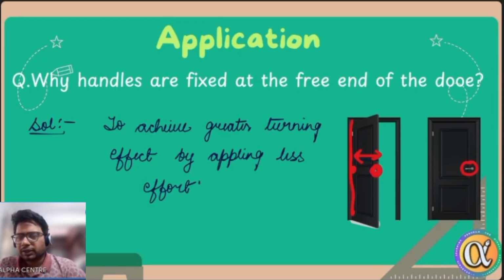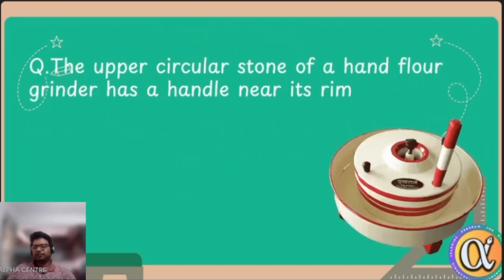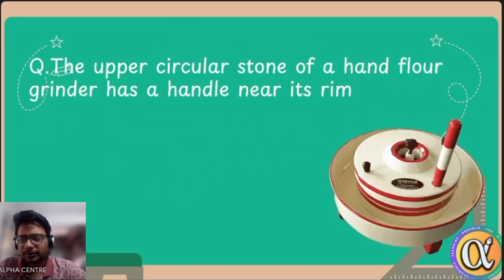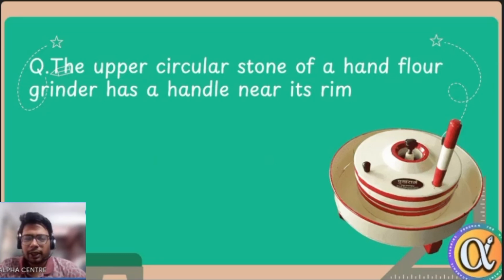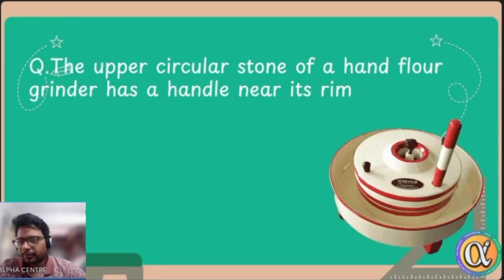We also see other applications of this turning effect. One is this, a grinder type, used for grinding flours, like grinding rice and producing flour from it. The upper circular stone of a hand flour grinder has a handle near its rim.